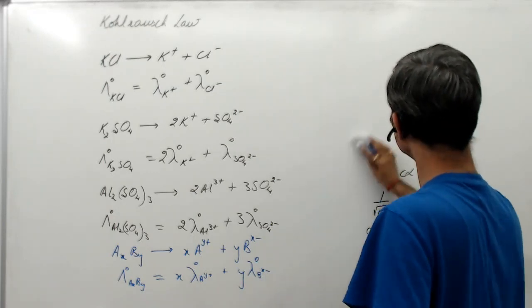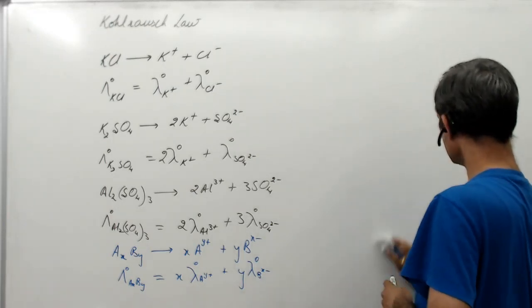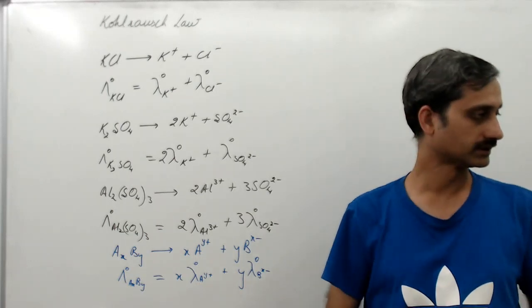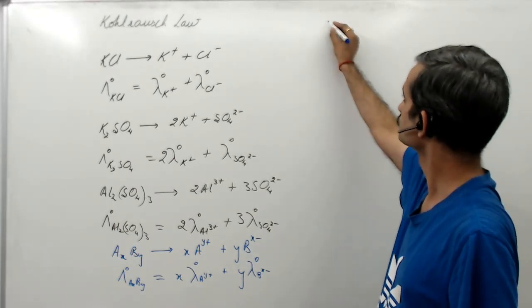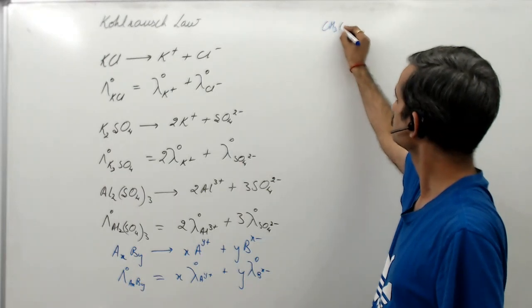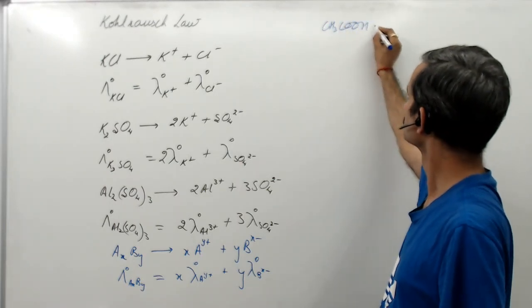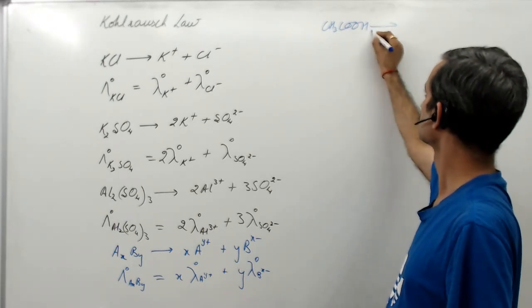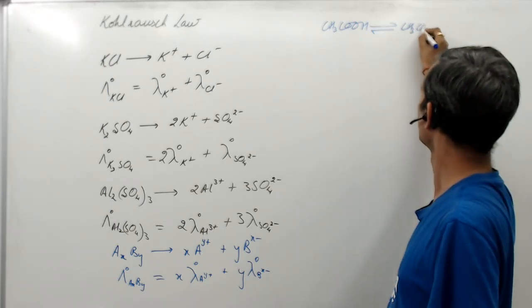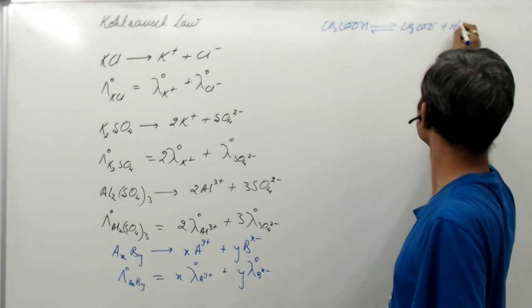तो अब अगर हम एक वीक इलेक्ट्रोलाइट की बात करें, So talking about a weak electrolyte like CH3COOH, कि अगर हम डिसोसिएशन की बात करें तो it gives us CH3COO minus plus H plus.